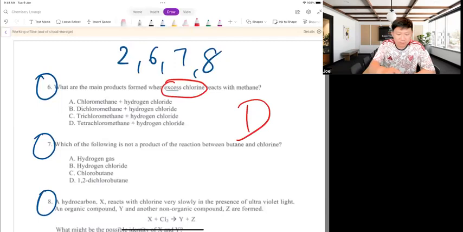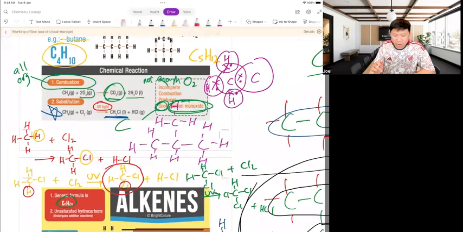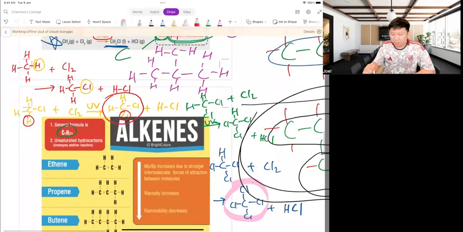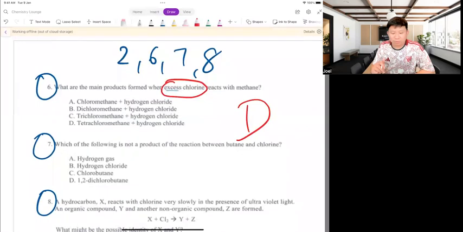So I assume that there's a lot of chlorine, so it continues until you reach the pink one below. Tetrachloro. A lot of students ask me how I know. It will not be the middle one, it's the extreme end. If it's limited chlorine, then what's the answer? If it's limited, then you put A, because with a bit of chlorine only one is substituted. This is all 4 substituted, a tetra.